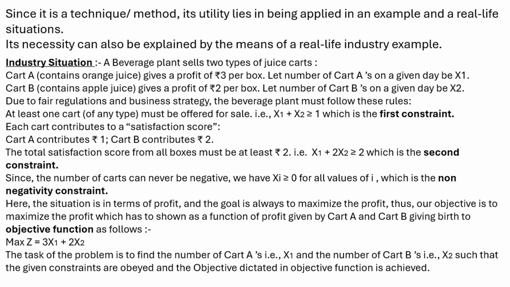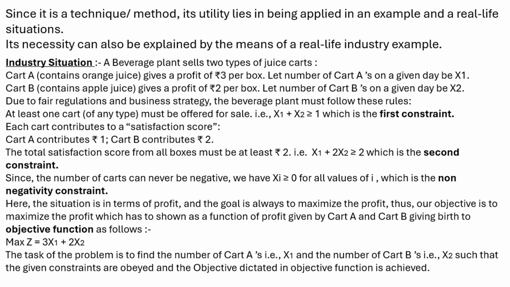Cart B, which consists of apple juice, gives a profit of rupees 2 per box, and let the number of cart B's available for sale on a given day be x2. Now there are certain regulations or limitations which must be followed by the beverage plant, and they are as follows.